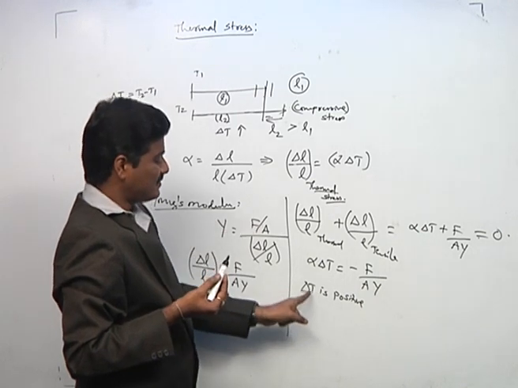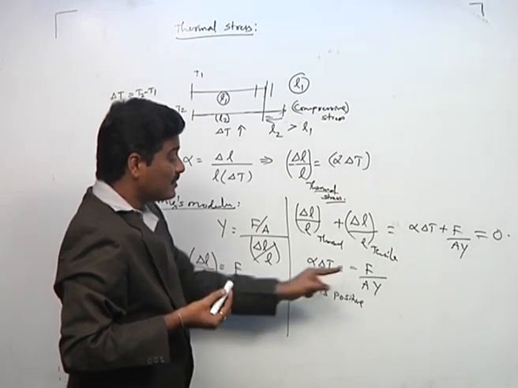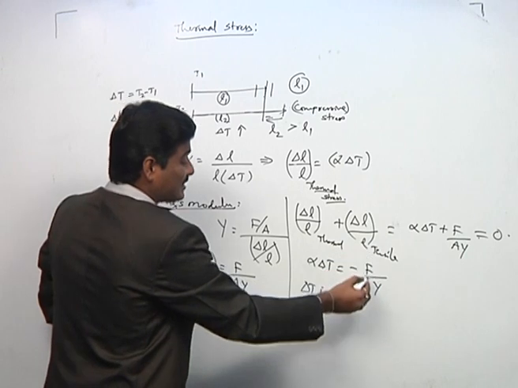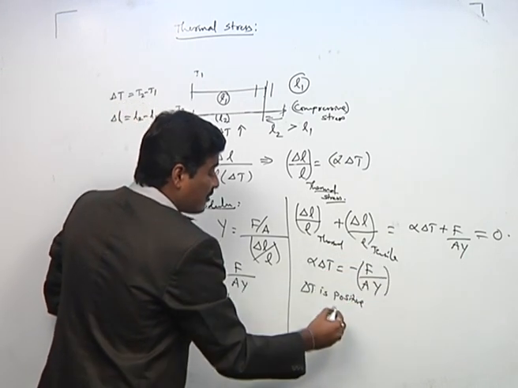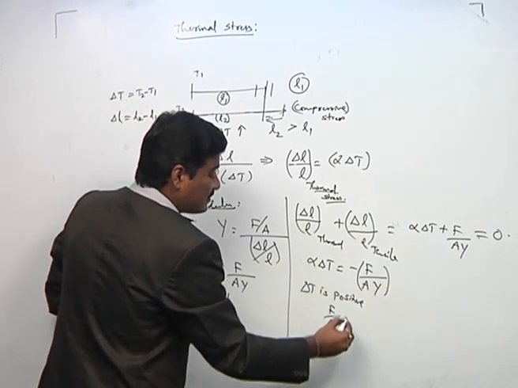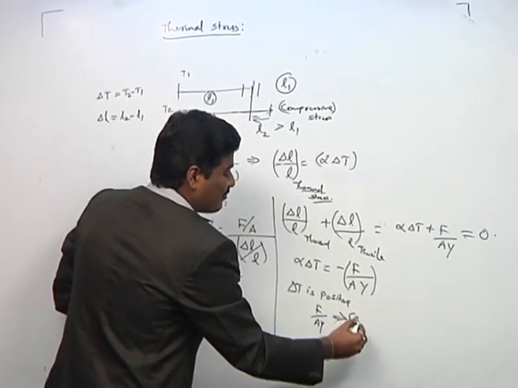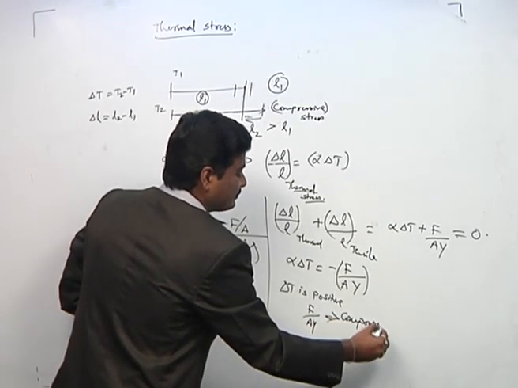So delta T is positive in summer, and the same amount of stress, this F by AY, is the compressive stress.